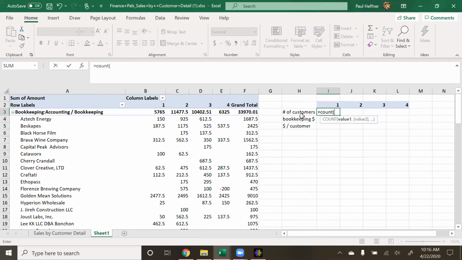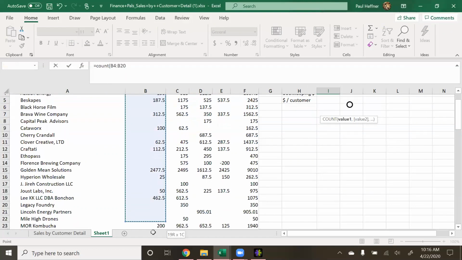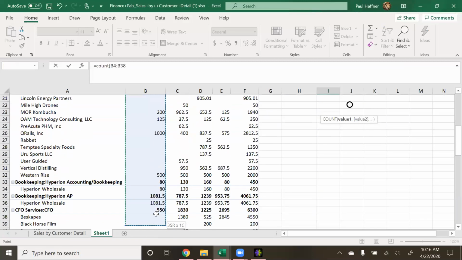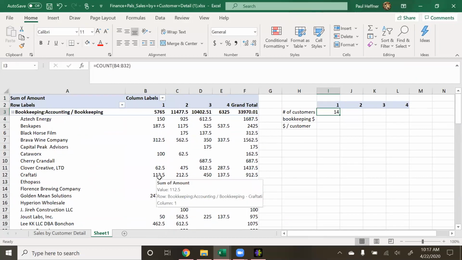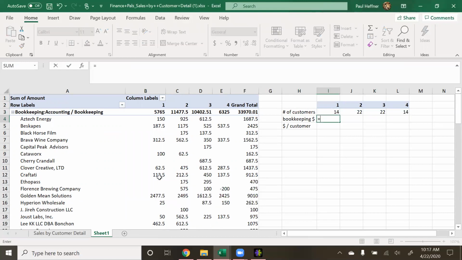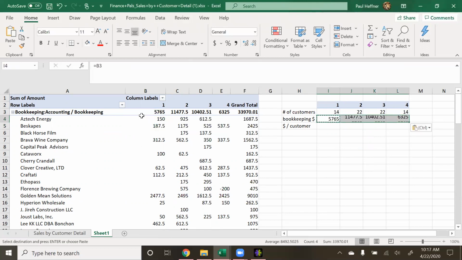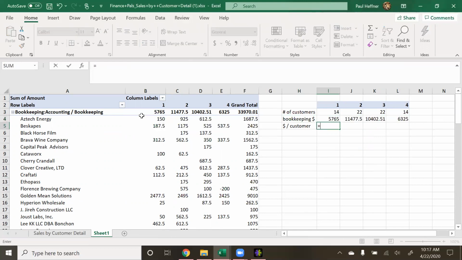Let's just try this. So count for here, we're just counting the bookkeeping ones. Bookkeeping dollars, we're just going to do a reference to B3, to the cell right here. $1 per customer.